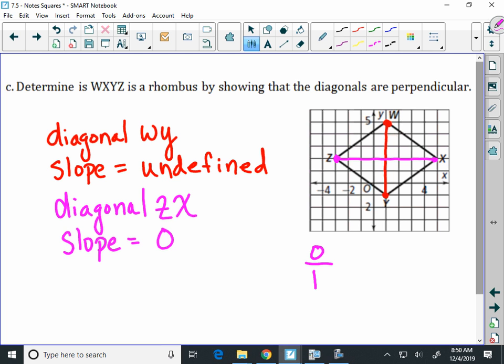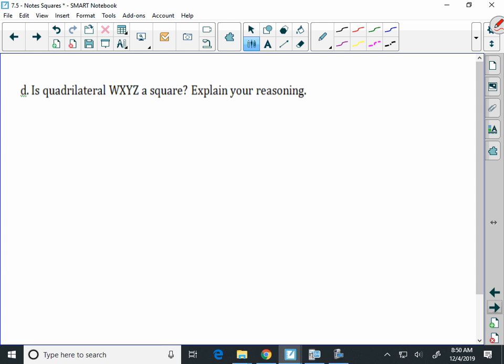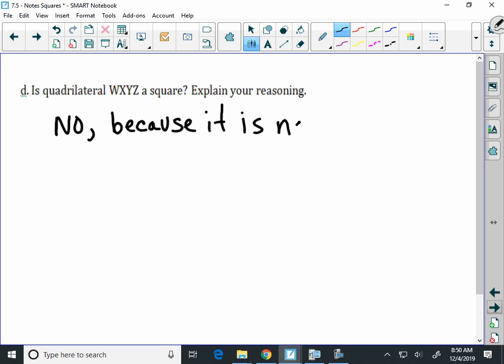So if we flip that and change the sign, we still get the undefined. It's weird that those are perpendicular, but it doesn't matter here, because when we answer this last question, is quadrilateral WXYZ a square? The answer is no, because it is not a rectangle. We failed one of the tests.